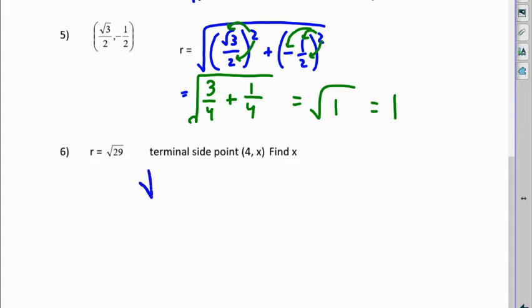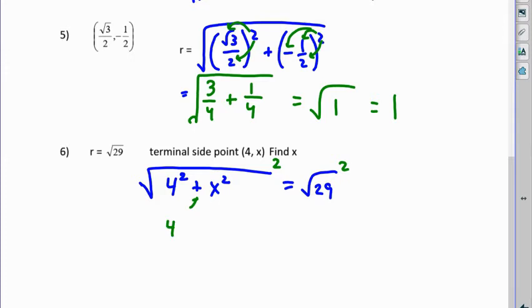The square root of 4 squared plus x squared needs to equal root 29. To solve something like this, I'm going to square both sides in order to get rid of the square root. I'm going to do that before any subtraction. I cannot do anything with this side because of the plus sign that's embedded under the radical. So 4 squared plus x squared is equal to 29.